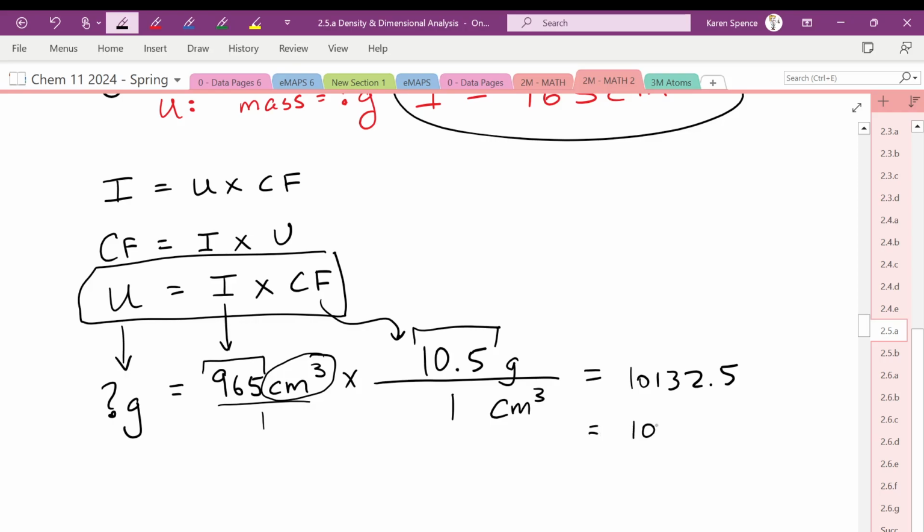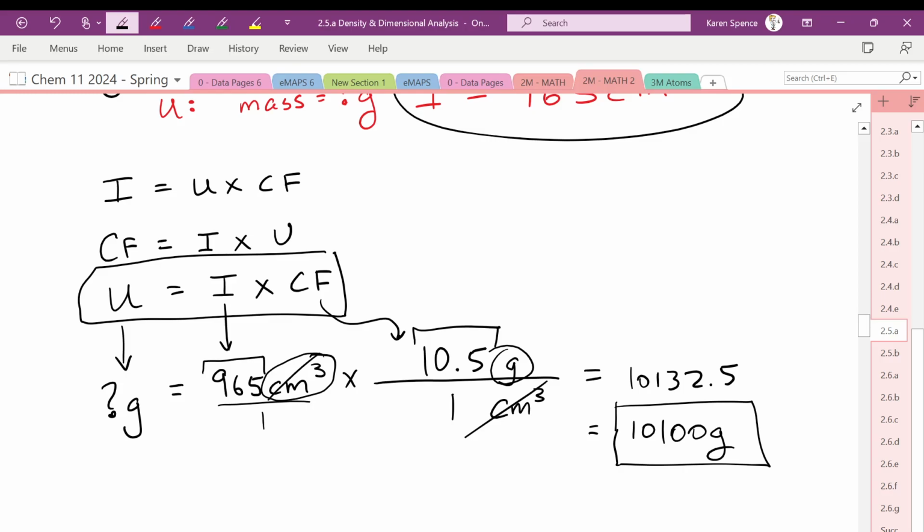So that's going to become 10,100, yes? Because if it was 101, that would not be the same as 10,000, yes? And our unit would be grams. Centimeters cubed cancel out, and we are done.